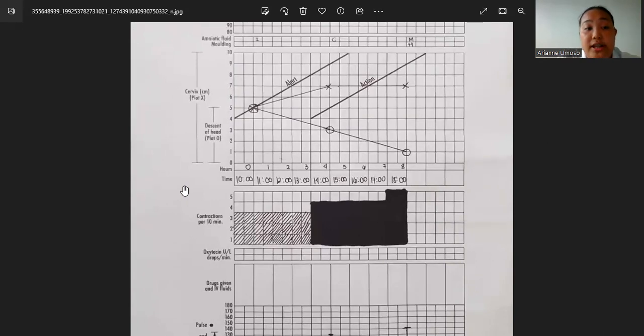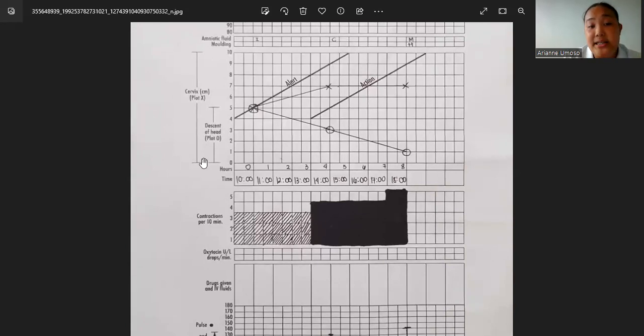The 2 diagonal lines represent the alert line and action line. The alert line represents the rate of cervical dilatation of 1 cm per hour. If the cervical dilatation reaches or crosses the action line, it means very slow progress of labor.